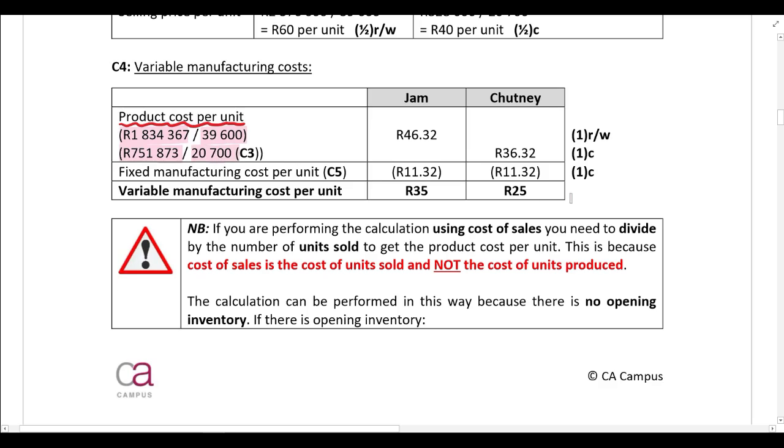Just be careful, guys. You are not dividing by budgeted production. You are using cost of sales in this calculation. Cost of sales is the cost of the units sold. So if you want the product cost per unit, you need to divide by budgeted sales and not budgeted production.